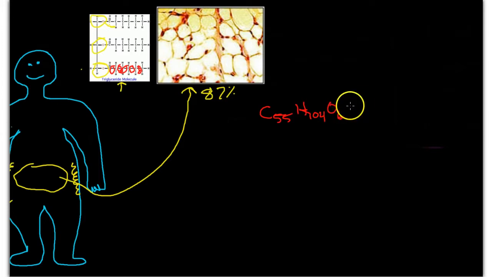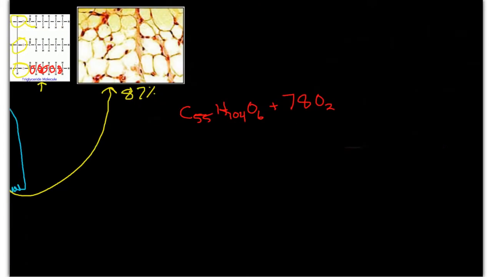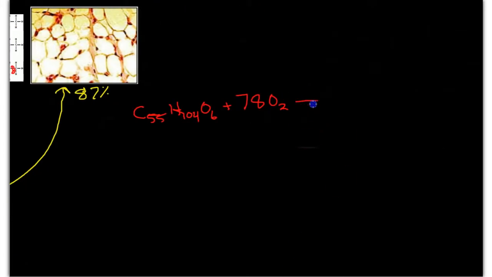When this breaks down, we end up with a chemical formula that looks like this. We need to add 78 oxygens, and then this makes 55 carbon dioxides plus 52 molecules of H2O, plus energy.